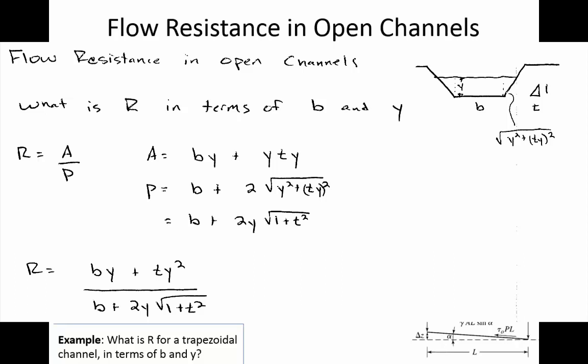So that's the formula for wetted perimeter of a trapezoid. And then hydraulic radius, R, is just the area divided by the wetted perimeter. And so if we combine those together, we've got (by plus t y squared) divided by (b plus 2y square root of 1 plus t squared).